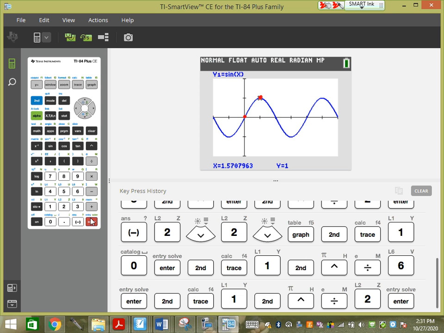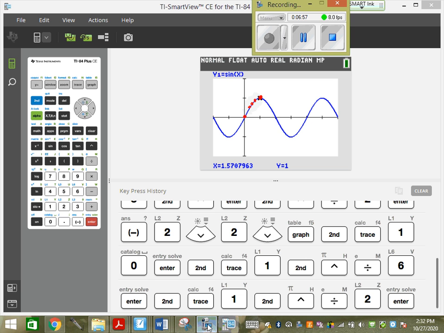What's my y at pi over 3? 0.8660, right? What's my y at pi over 4, which would be halfway in the middle? 0.707. What's my y at pi over 6? A half. So that's where I'm getting this graph from. It's just literally the unit circle spinning.